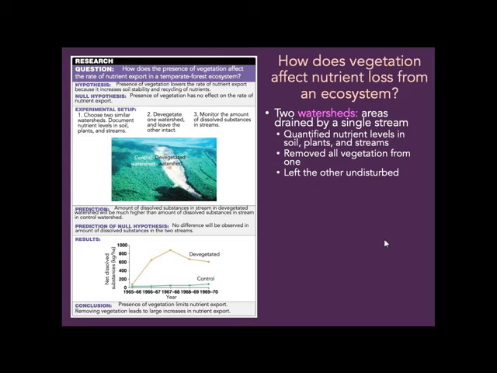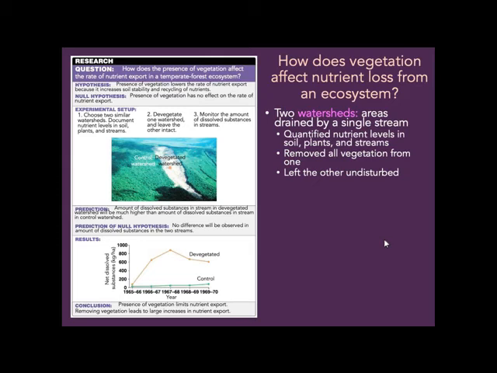The author's hypothesis is that the presence of vegetation lowers the rate of nutrient export because it increases soil stability, meaning it keeps the soil in place so the soil doesn't wash away, and it increases the recycling of nutrients. The null hypothesis is that the presence of vegetation has no effect on the rate of nutrient export. So what they did is they took two different watersheds.